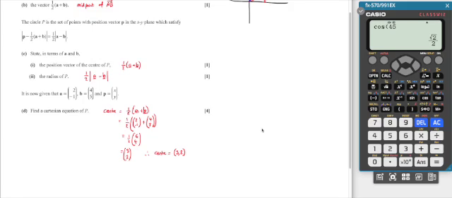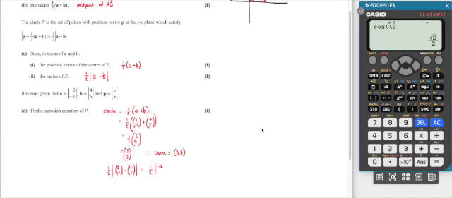My radius, I said, was a half the modulus of A minus B. So that is half A is (2, -1), B is (4, 5). So that is a half. The modulus of 2 minus 4 is minus 2.